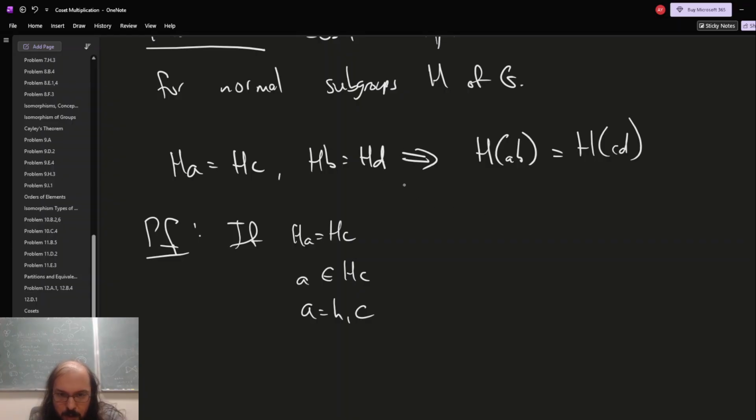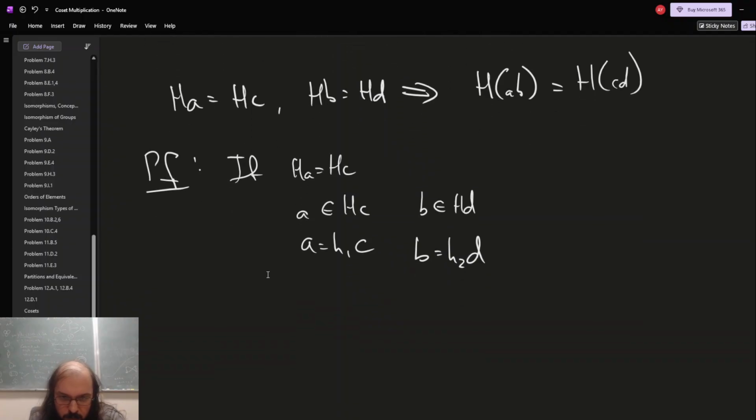The same reasoning with HB and HD tells me that B is in HD, or B is equal to h2 times D. And so now, let's see what we get if we multiply these things. I get AB equals h1C times h2D, which doesn't seem particularly remarkable at the moment.